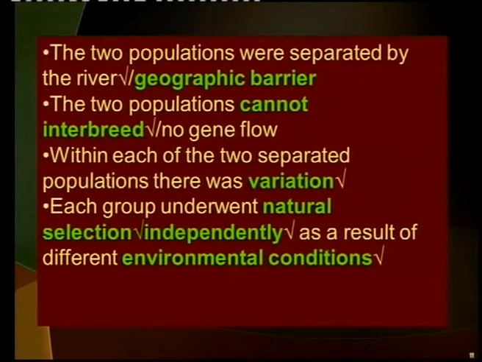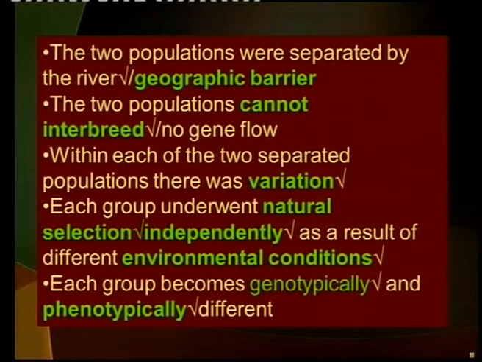Why? Because the environment is different in both areas now. Because of the different environmental conditions, they will become different: the genotype will be different, and they will start looking different. So they become different genotypically as well as phenotypically.